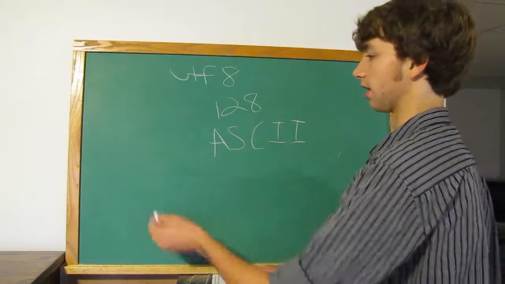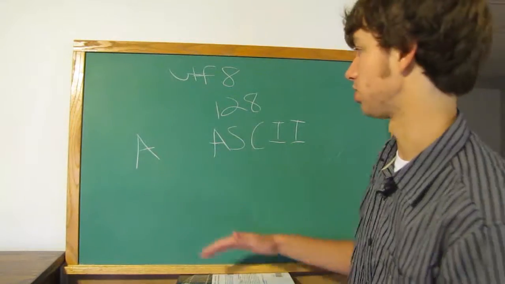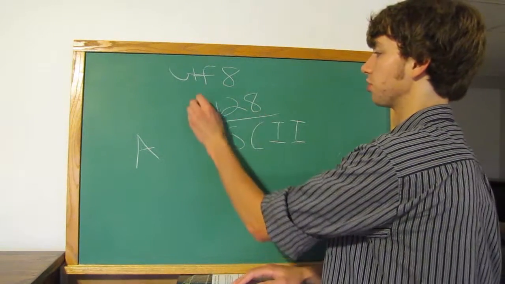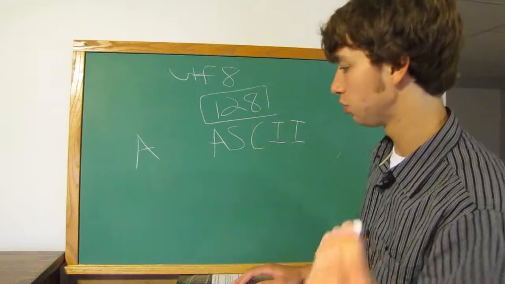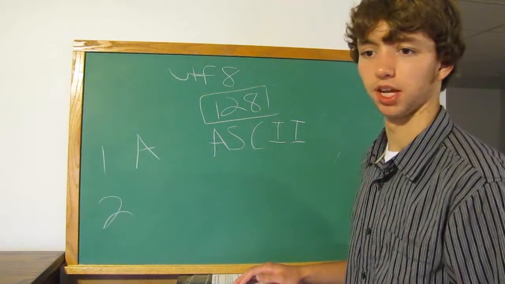So the character A will be 1 byte of information. But after the first 128, things start to take up 2 bytes.